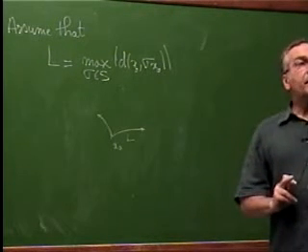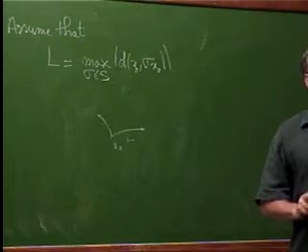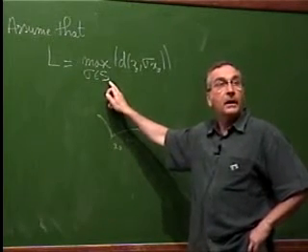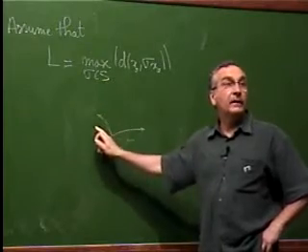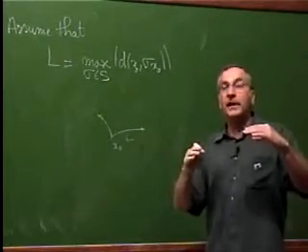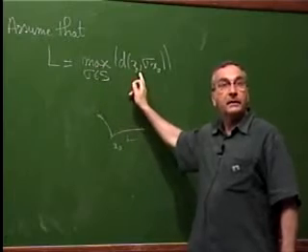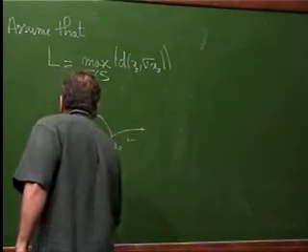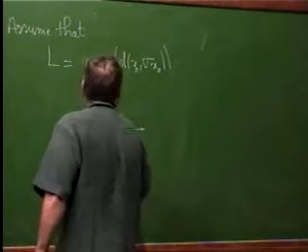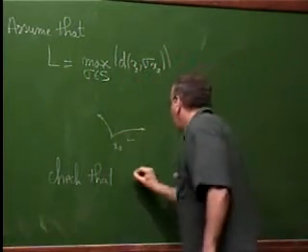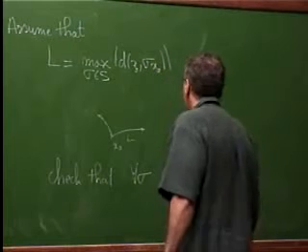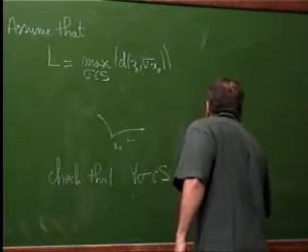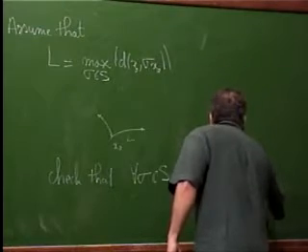Well, this is an easy exercise to check that necessarily all displacements by elements of the generating set are equal to L. Otherwise, you could move a little bit and lower this quantity. So I let you check that if this is achieved at x0, then for all sigma in S, the displacement is equal to L.